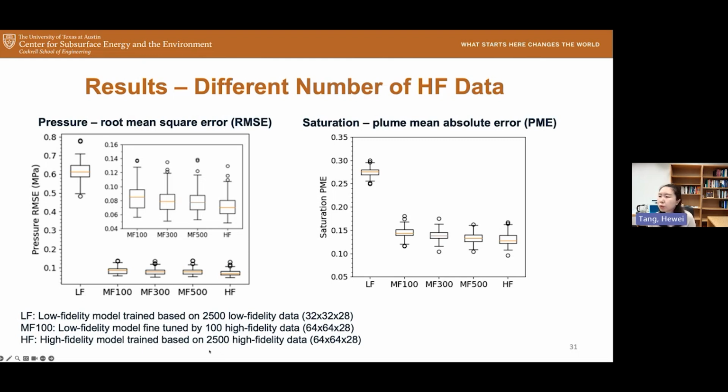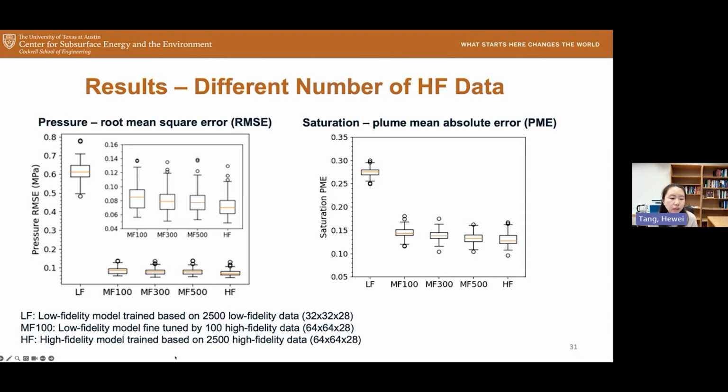So there are two important takeaways in these results. First, remember that previously, when I applied a CNN-based residual U-net architecture, we needed 6,000 high-fidelity data to get reasonable R-square, reasonable accuracy.